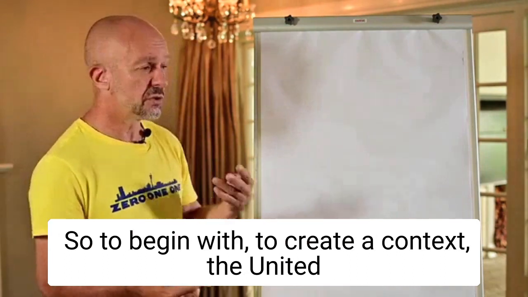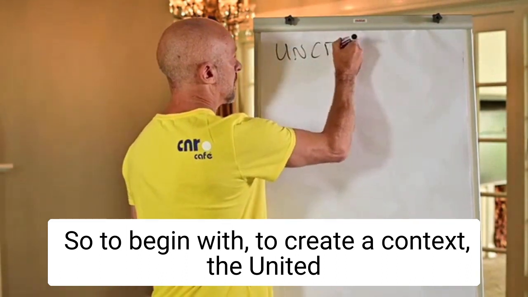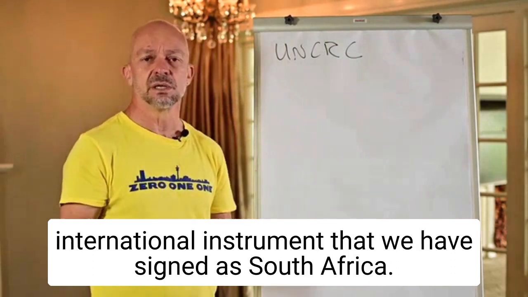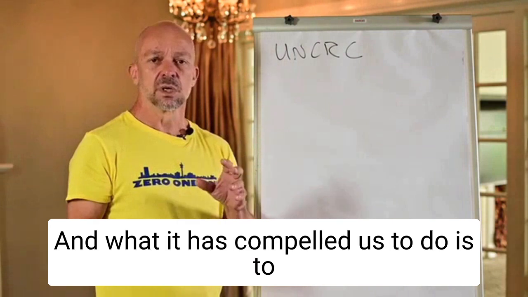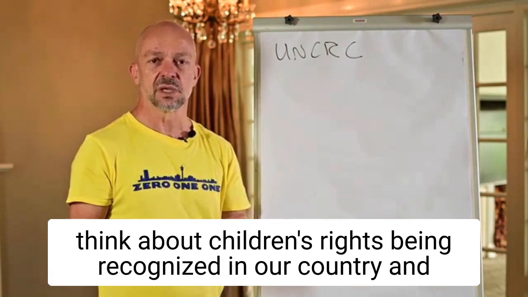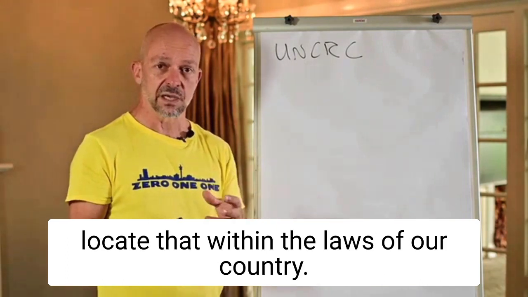So to begin with, to create a context, the United Nations Convention on the Rights of the Child is an international instrument that we have signed as South Africa, and what it has compelled us to do is to think about children's rights being recognized in our country and locate that within the laws of our country.